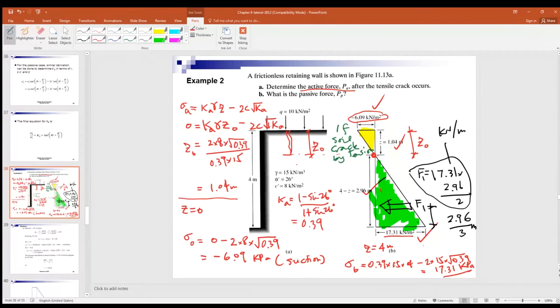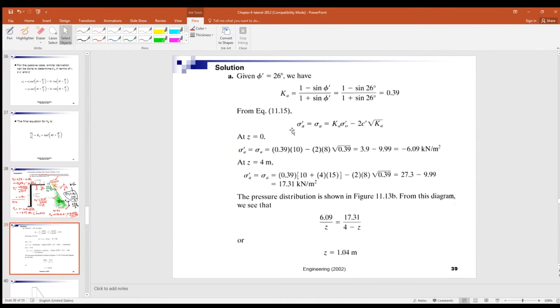Depending on the question, after the tension cracks occur, you should ignore this yellow triangle, right? There should be no force, no tension developed above the depth of the tension cracks. Is that okay? Okay.